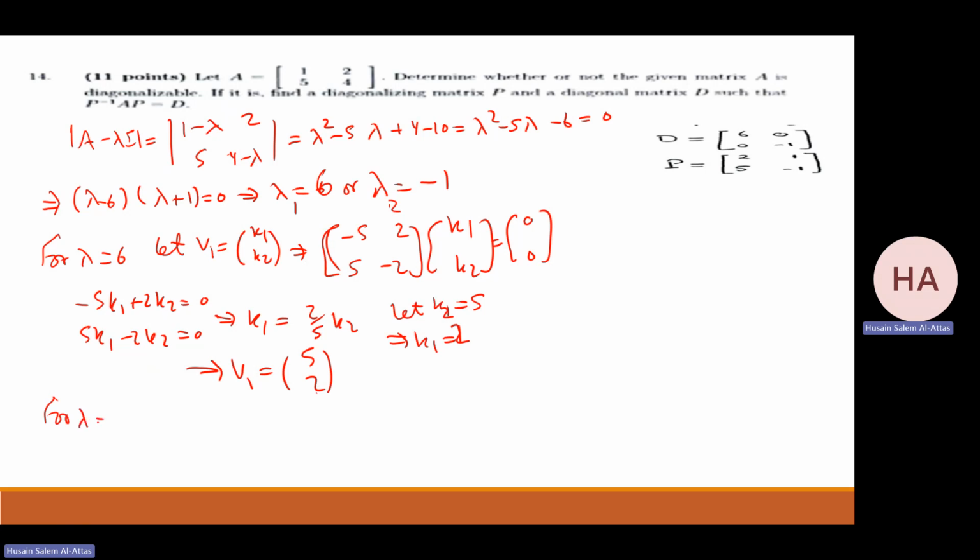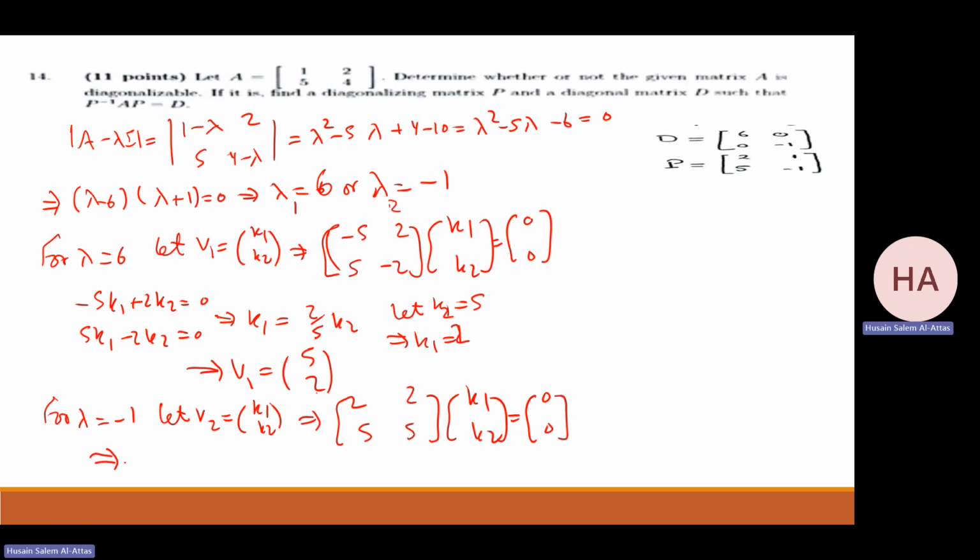Now for lambda equals minus 1, what am I getting? I let V2 be K1, K2. So it will be the system 2, 2, 5, 5.